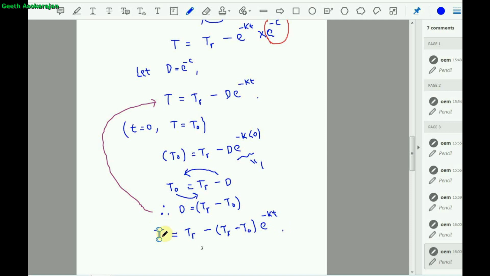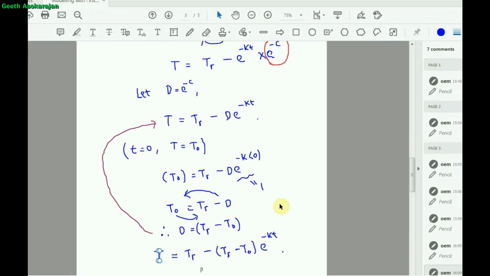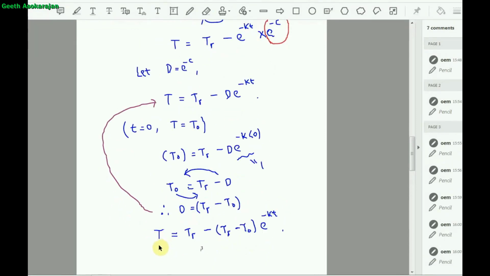So here is the temperature of the object capital T in terms of TR, the room temperature, T0 the current temperature, small t refers to time, and K is our proportionality constant.